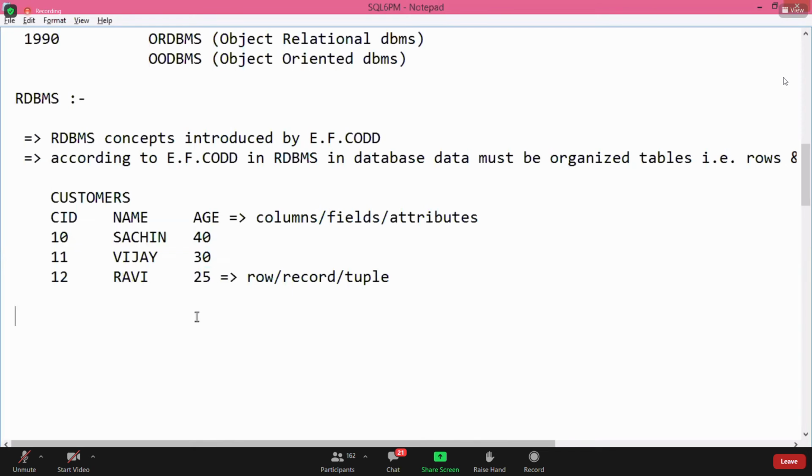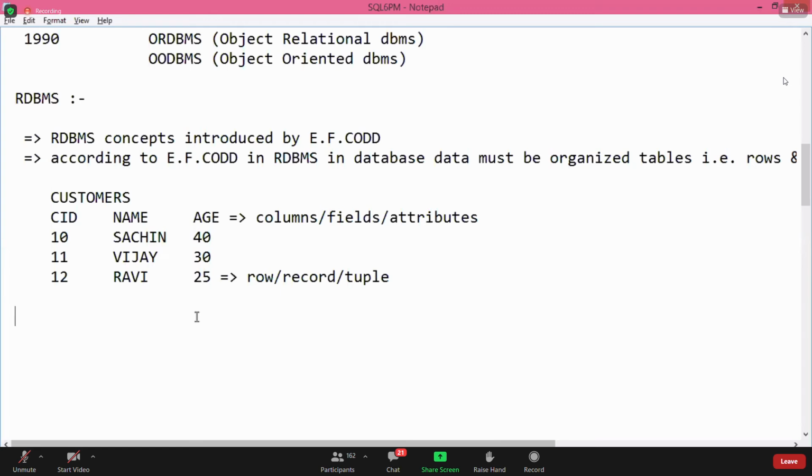In a bank also, suppose you have an account in some bank, say SBI. Your details are stored in one row in the bank database.